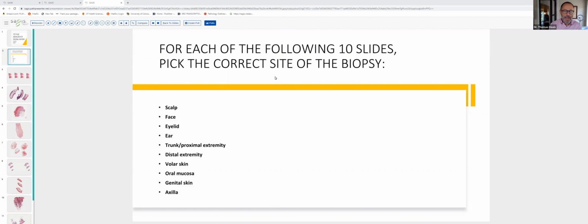One, as you know, certain conditions have a predilection for certain anatomic locations and certain age groups. And if you can look at the slide and identify the rough anatomic region, that's going to help you narrow your differentials. And that's particularly useful when you're taking an examination, let's say your Dermpath core, or even the Dermpath applied exam at the end of the residency.